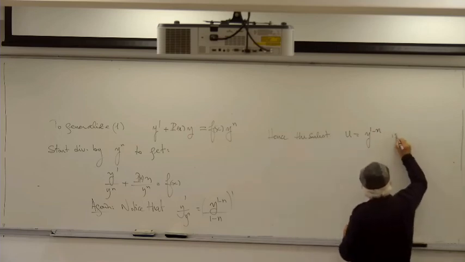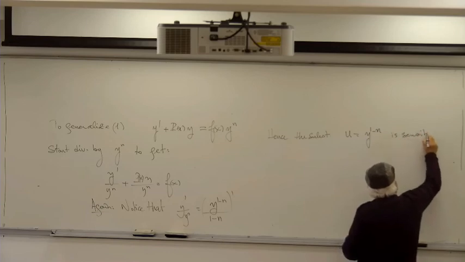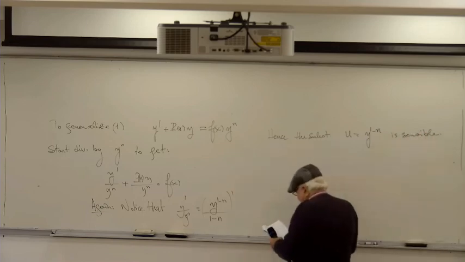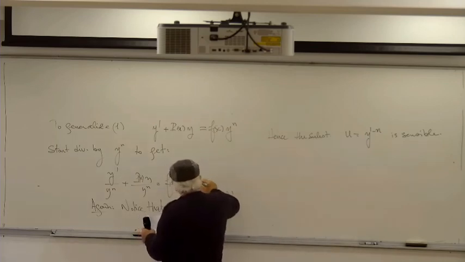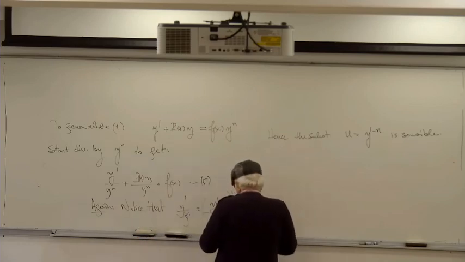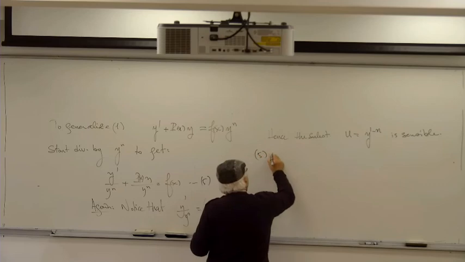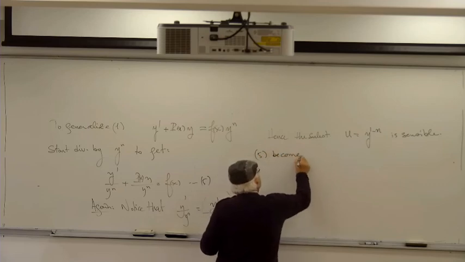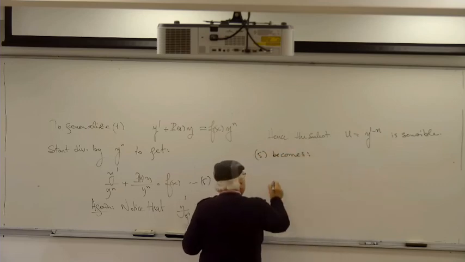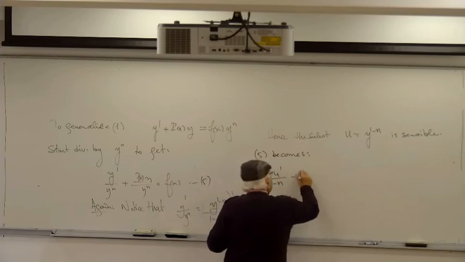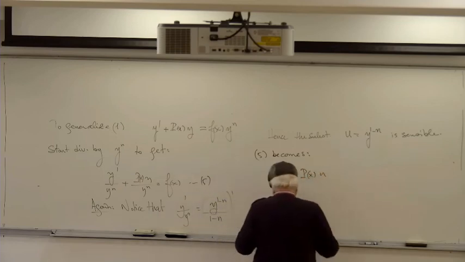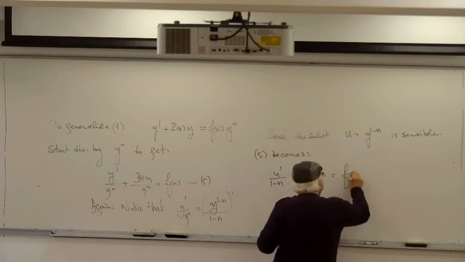Okay? And let us call this equation number 5 or number whatever. Okay? 5 becomes u prime over 1 minus n plus p of x u equal to f of x.